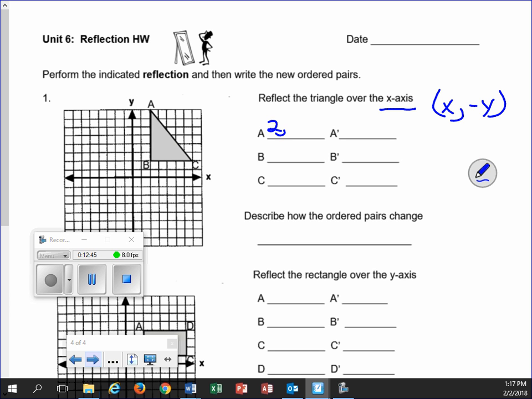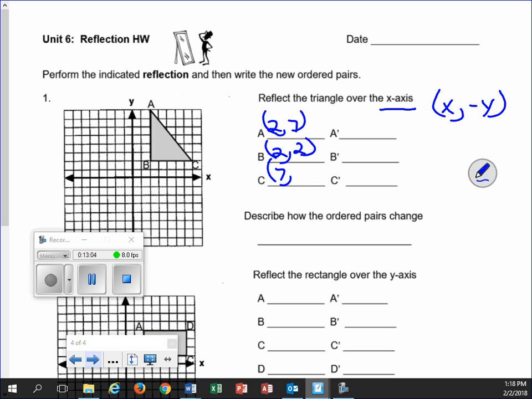And 1, 2, 3, 4, 5, 6, 7. Let's go 2, 7. And then B is going to be 2, 2. And that's going to be 1, 2, 3, 4, 5, 6, 7, so 7, 2.